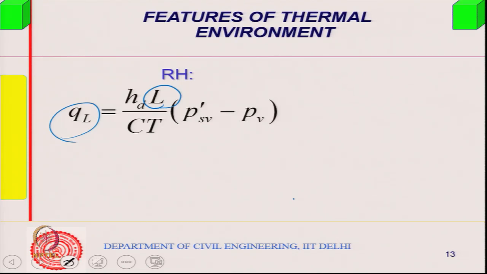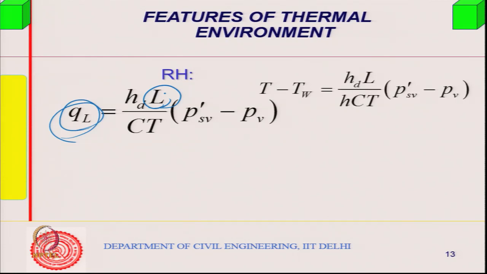QL is the heat flux per unit area. So, everything has been per unit area. The latent heat transfer, I have just multiplied by latent heat.